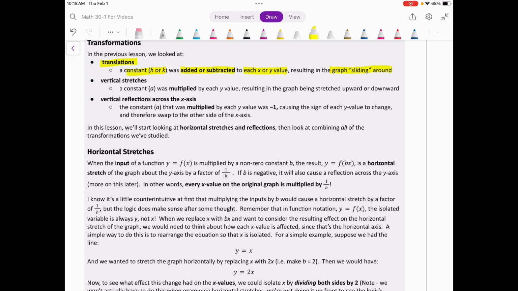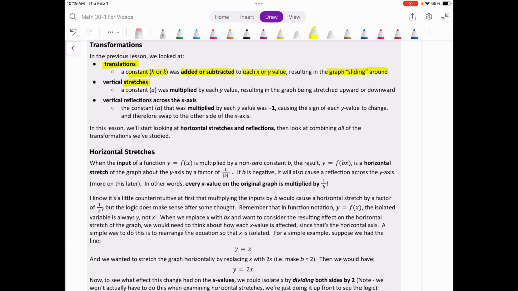Then we looked at vertical stretches. This wasn't just sliding the graph up or down, it was actually stretching the graph, changing its shape, right? Maybe making it go up or down faster or less fast, depending on how big that vertical stretch was. We use the parameter a to represent a vertical stretch. It's a constant a.